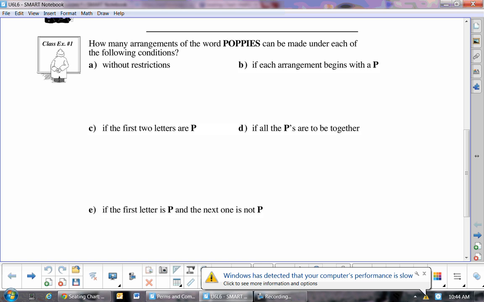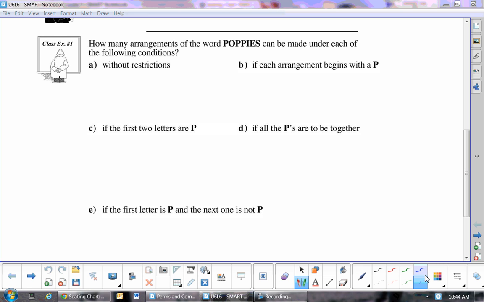So if you are just recognizing every single question, perms and coms is a good place to be feeling that, because these can be a little bit tricky.